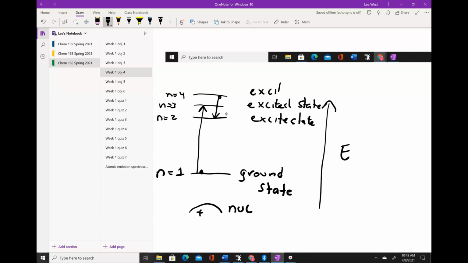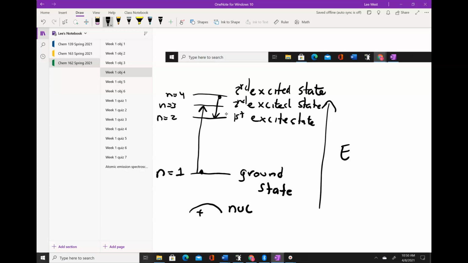Now you can see the difficulty already, the lack of clarity here is that you're going to end up with multiple excited states. So how do you know which one's which? And so what we do is we label them as being the first excited state, the second excited state, the third excited state, and so on.